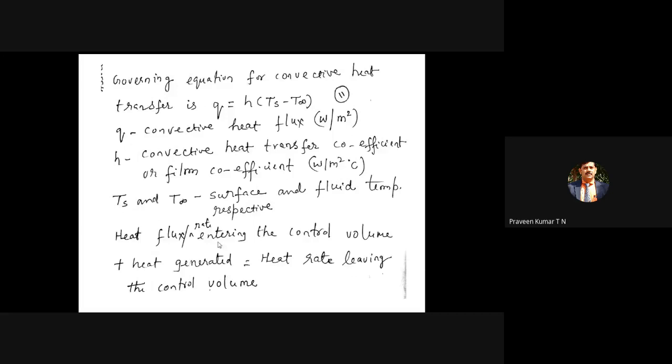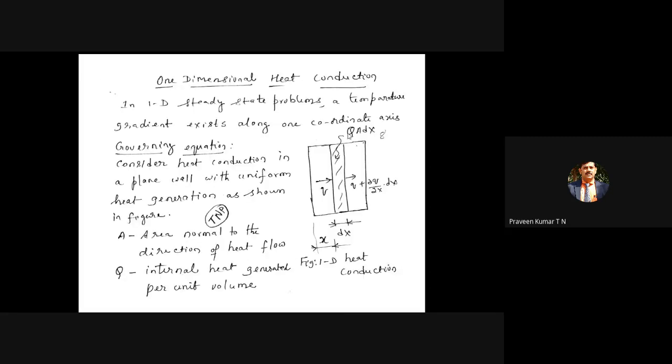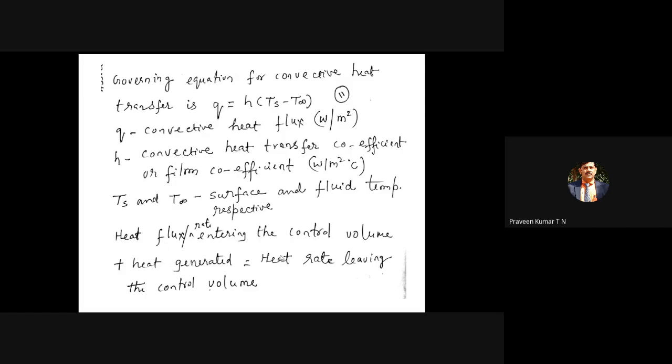So you can say the rate of heat flux is the rate of heat entering the control volume plus heat generated. The heat generated per unit volume is Q, but the heat generated for the complete control volume is Q into A into dx, equal to the heat rate leaving the control volume.